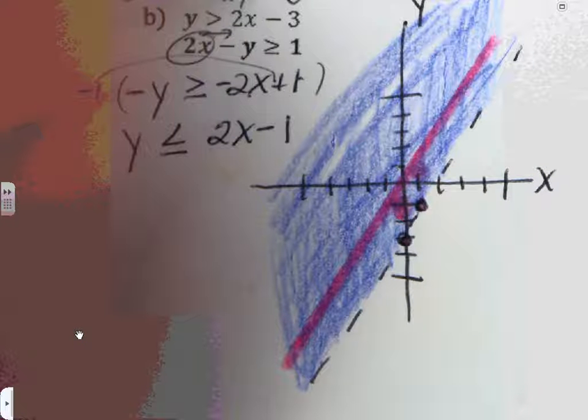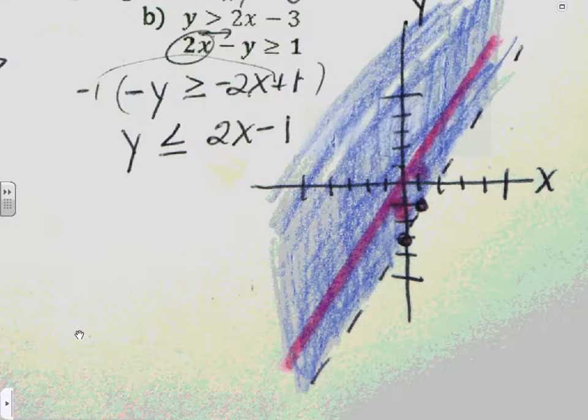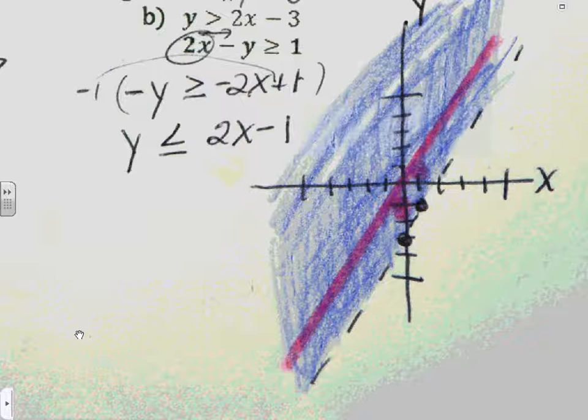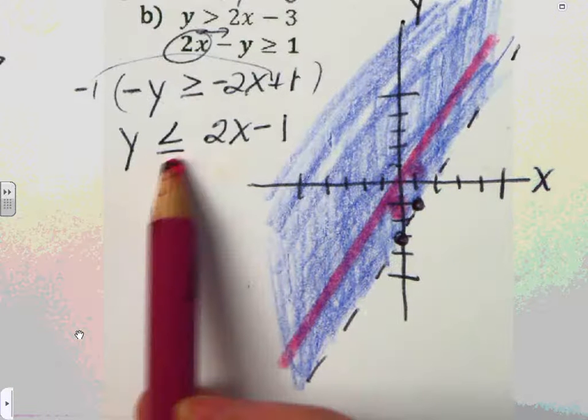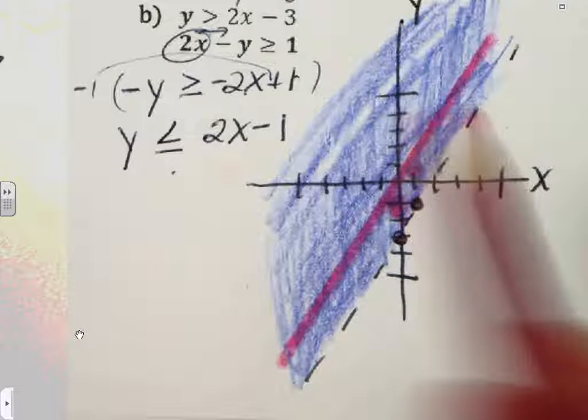And which direction will we shade this? It's above or below. Down. It's going to be below. You flip your sign. Did you forget to flip?